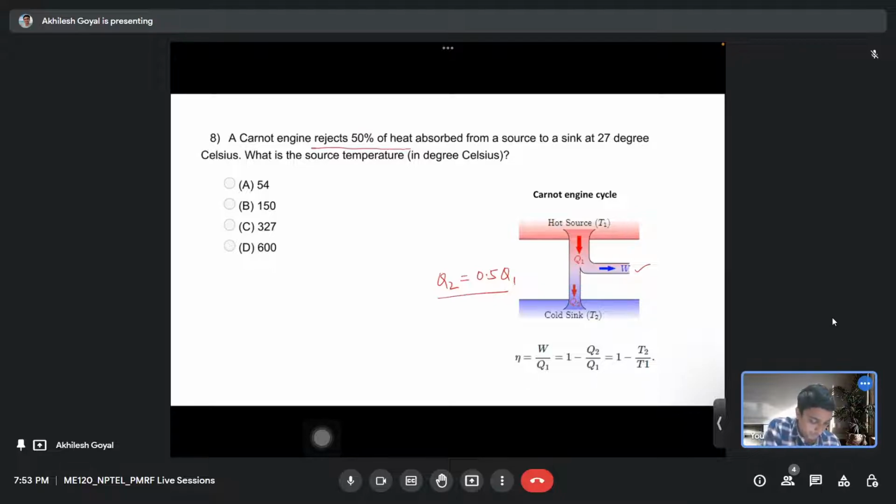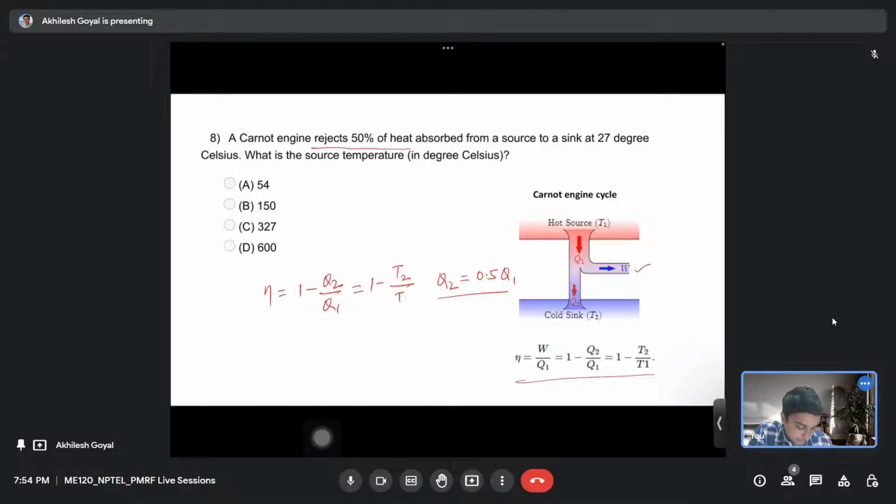In the efficiency equation, the efficiency of this Carnot engine is 1 minus Q2 by Q1, and in terms of temperature it is 1 minus T2 by T1.